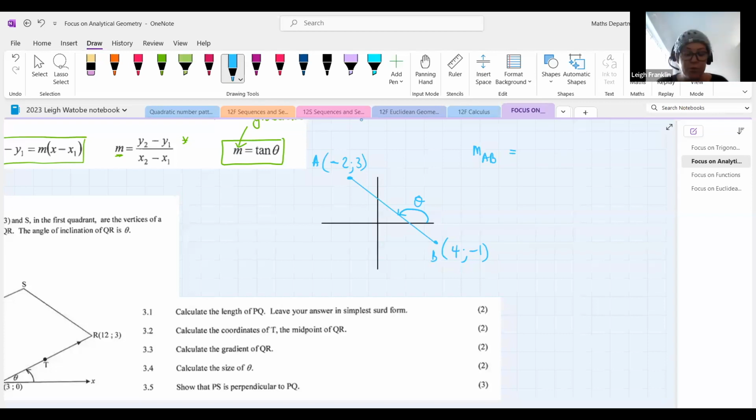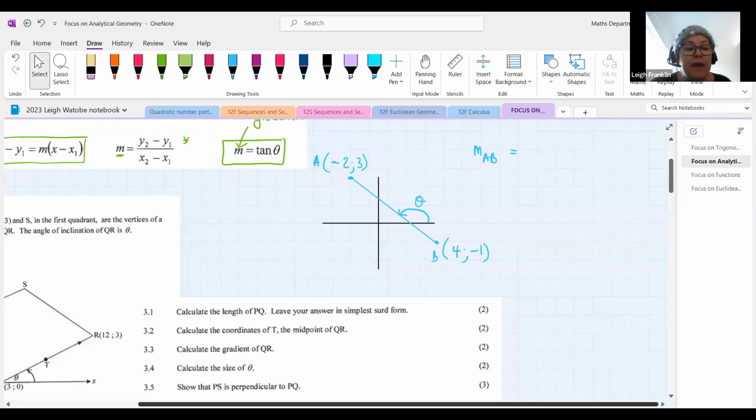And what's also helpful in Euclidean geometry, when you are calculating the length of a line or the midpoint of something, is to label it like this so that the person marking your work knows what it is that you're trying to calculate. It just makes life easier for them to understand what you're writing, and that in turn is good for you.